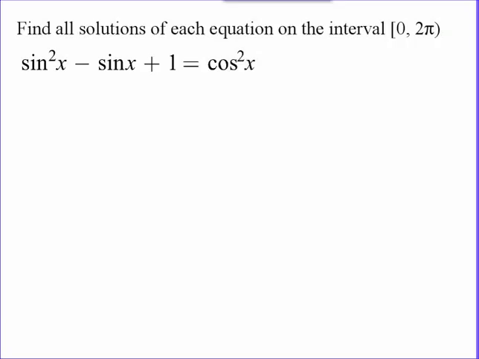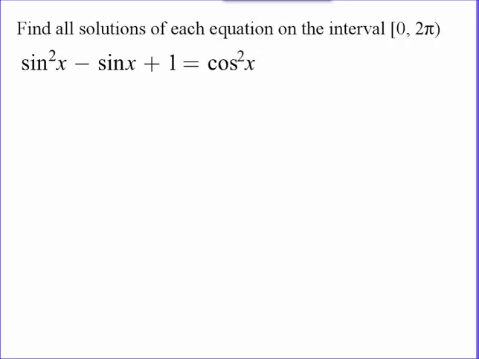It says sine squared minus sine plus 1 equals cosine squared. We've got sine, we've got cosine, we've got a sine squared. Notice I've got a sine squared and a sine. This cosine squared is kind of the odd one out, so let's get rid of it.